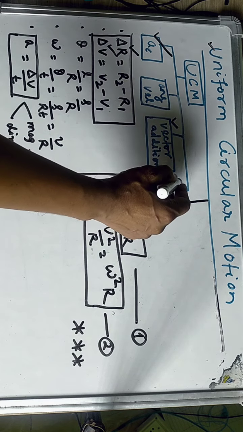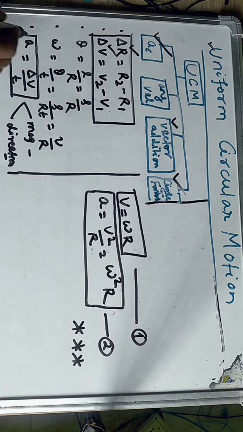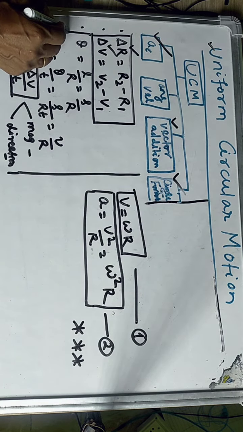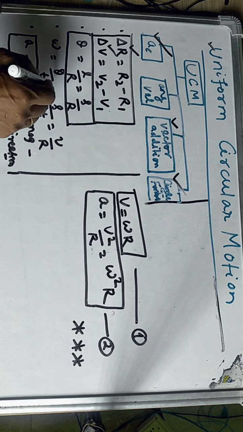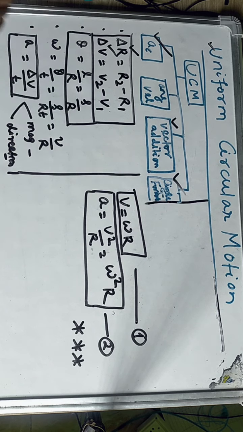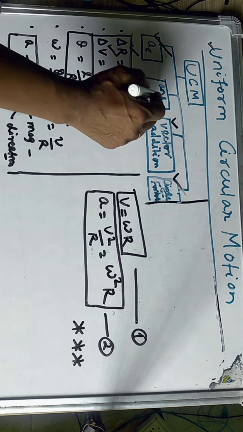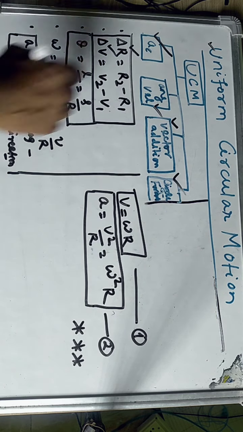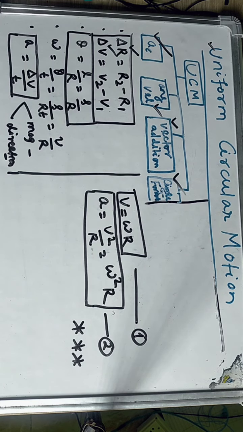We have used the circle geometric formula, theta is equal to L by r. When L becomes very small, it becomes S, or theta becomes S by r. Then the angular velocity formula is omega equals theta by t. In that case, theta is angular displacement.